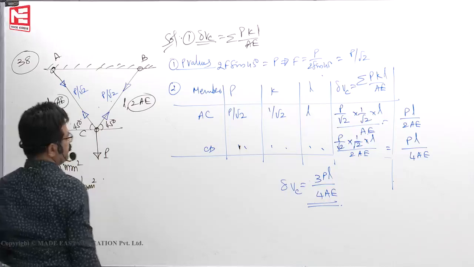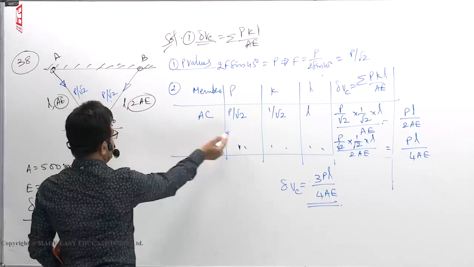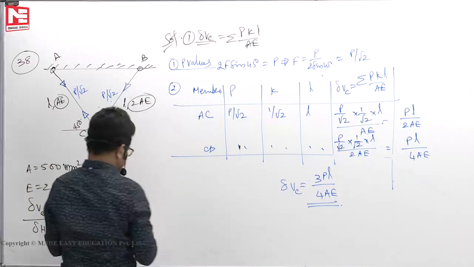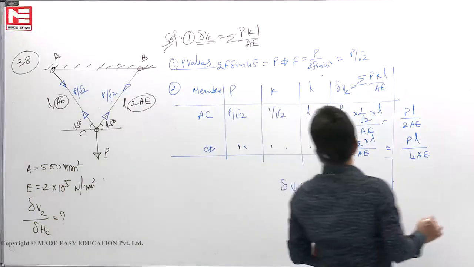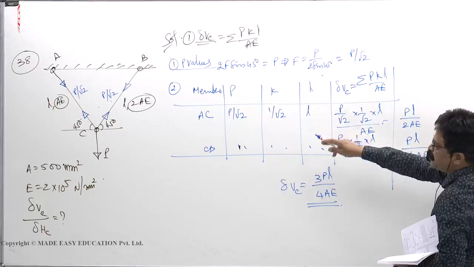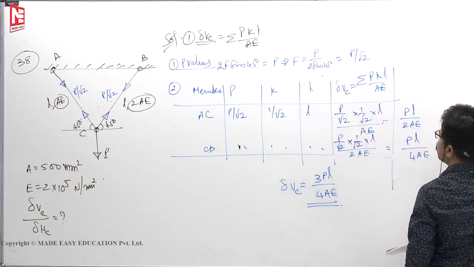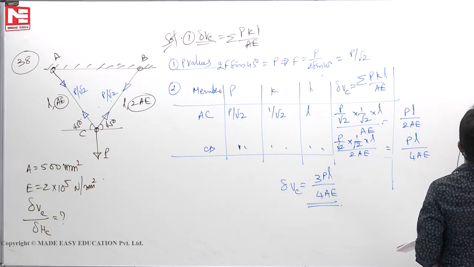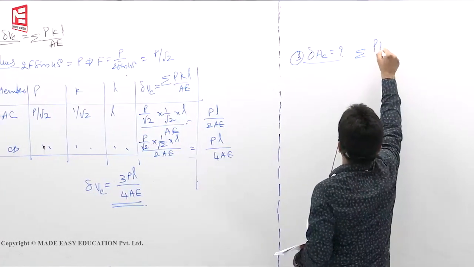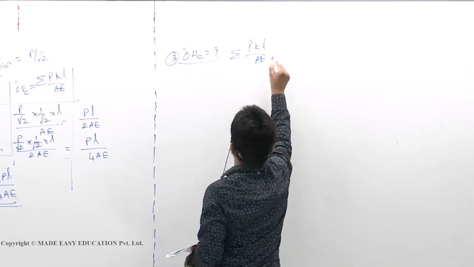Next, horizontal deflection. P values in this case are 0, so only K values you have to find. K values you have directly written: when P is there, P by root 2, 1 means 1 by root 2. Next, delta horizontal deflection of C is the summation of P K L by AE.